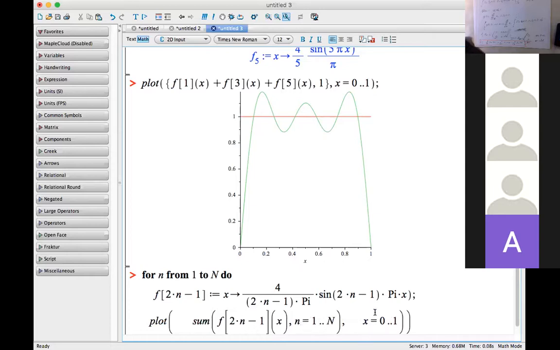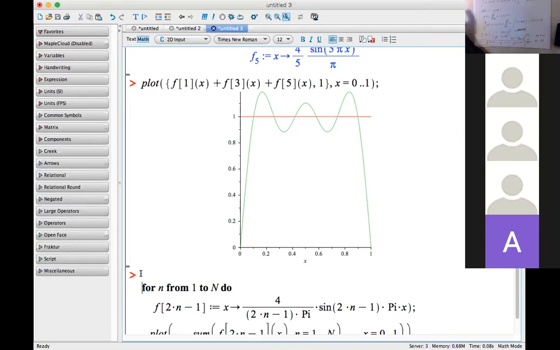And I want to plot this from 0 to 1. So let's just check. Suppose I let n be equal to 3.